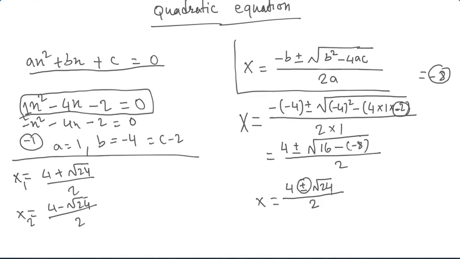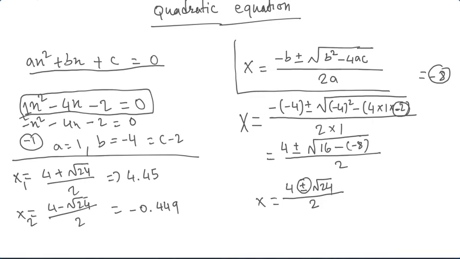We have to find x1 and x2, two values of x. In the first case we get 4.45. x2 is minus 0.449.